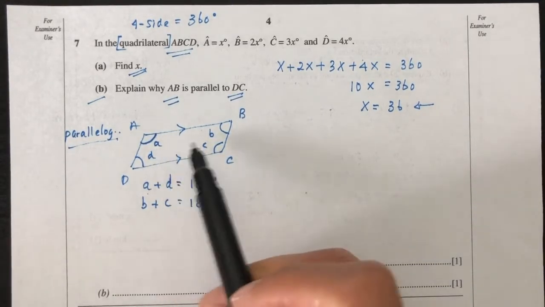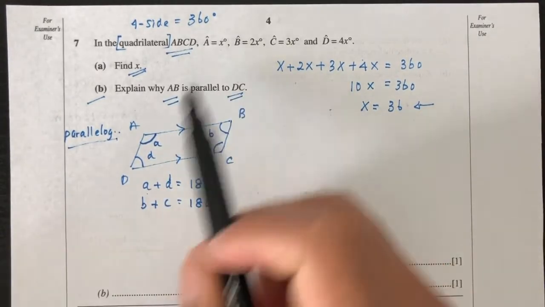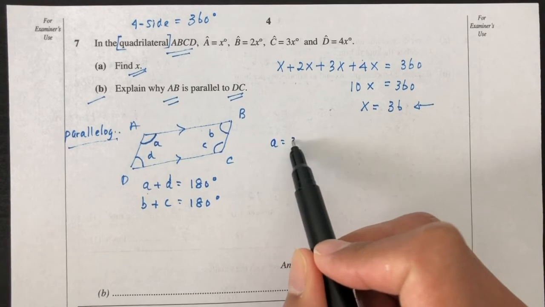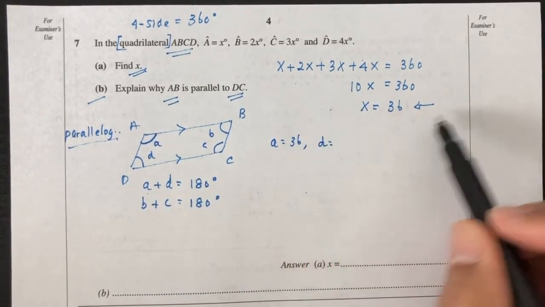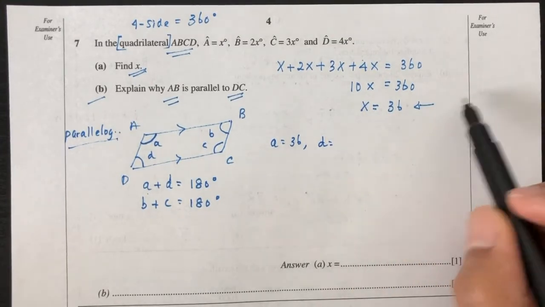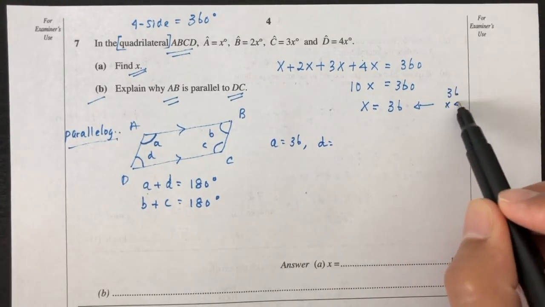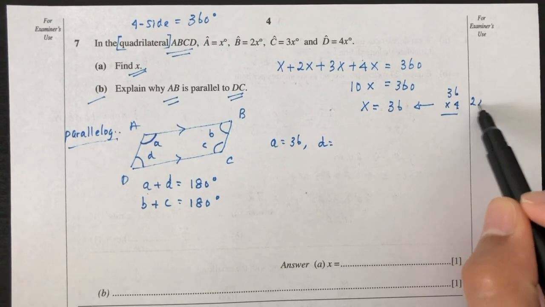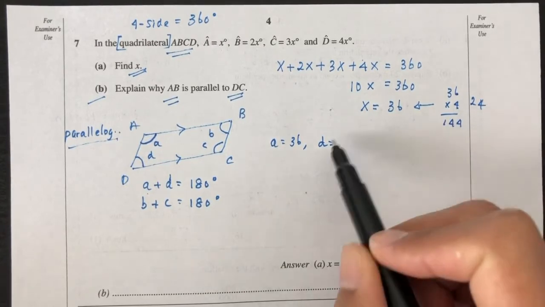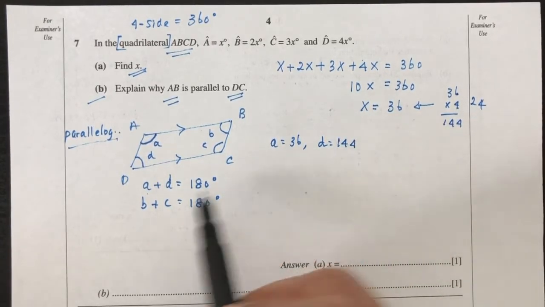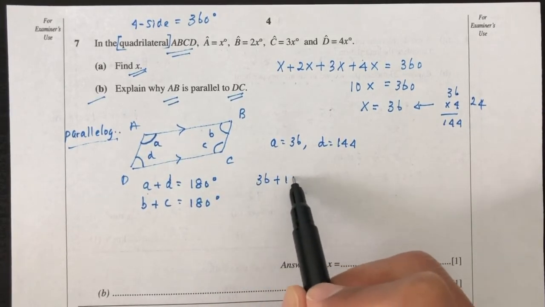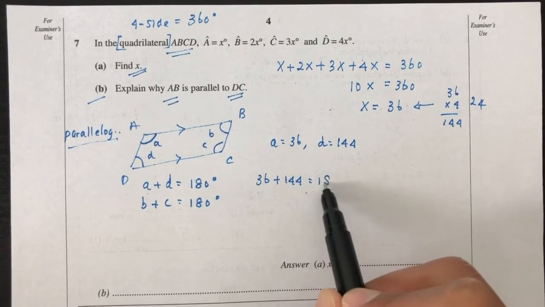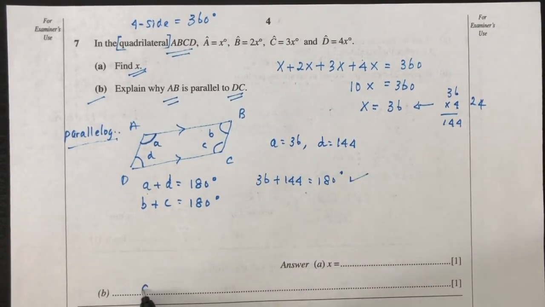So let's try. Angle A is 36. Angle D is 4x. What is 4 times 36? That will be 144. So for the first one, 36 plus 144 is equal to 180. So good, we can write A plus D is equal to 180.